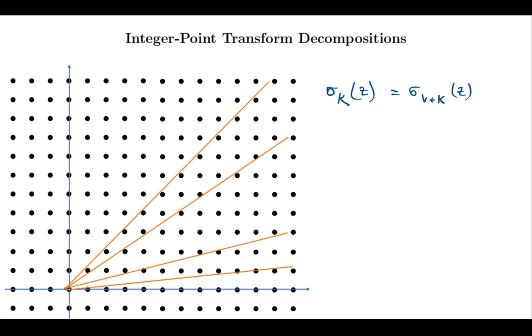So I think of this little shift here as my vector v. And the effect this has is, well, I will shift each of my smaller cones, add up the integer point transforms, but because none of them have any integer points on their boundary, I do not have to use inclusion-exclusion.